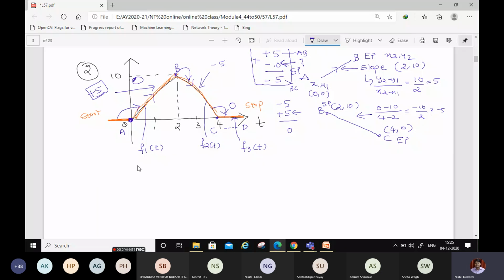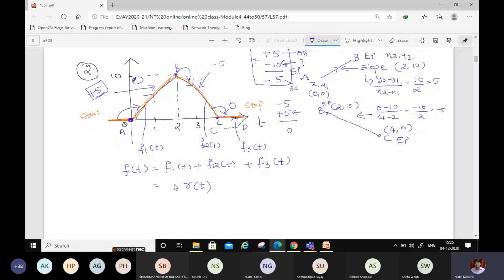So the given function f of t is f1 of t plus f2 of t plus f3 of t. For f1 of t, it is a ramp signal. Where is this ramp starting? It is starting at 0, so that means t minus 0, so you can write t.